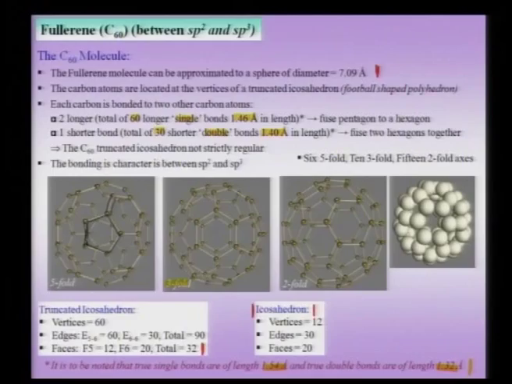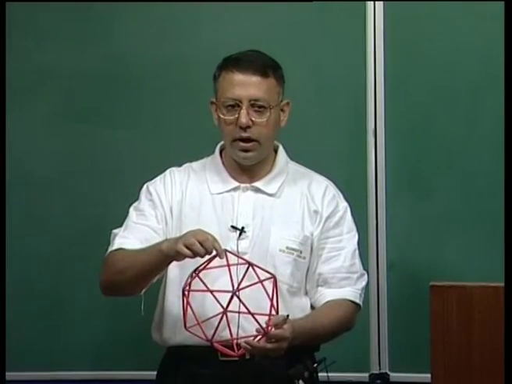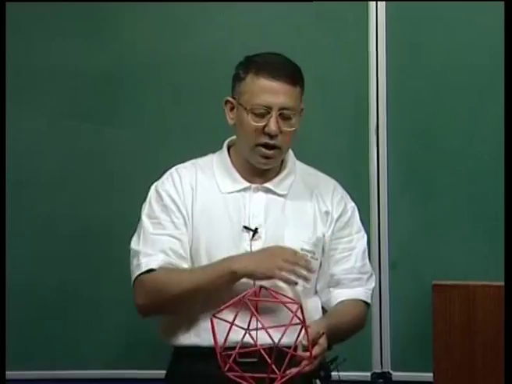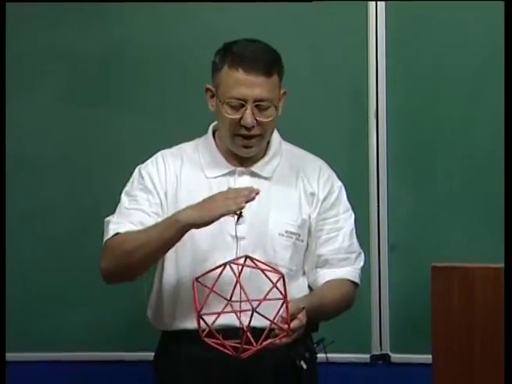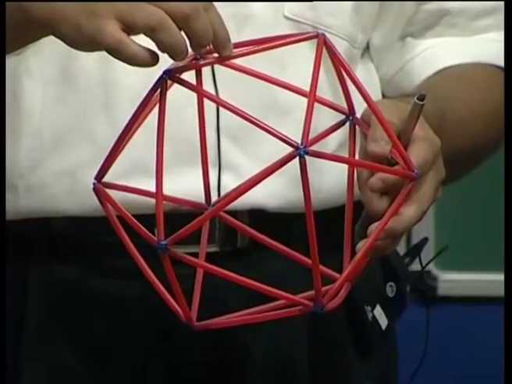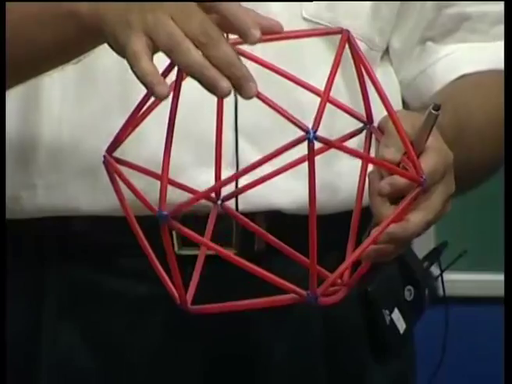If I did a truncation, of course, I could do various kinds of truncation of this icosahedron. For instance, if I truncate a little bit, then I will get very small pentagons and large hexagons, which are not regular hexagons, right. Suppose I truncate a little more, such that this edge, which is formed by the truncation, and the original remaining edge are both equal, that would be a regular truncated icosahedron.